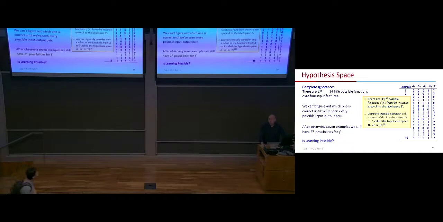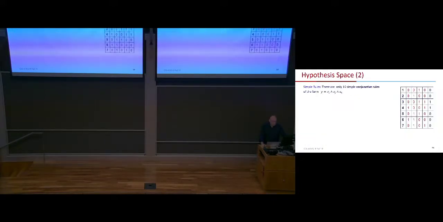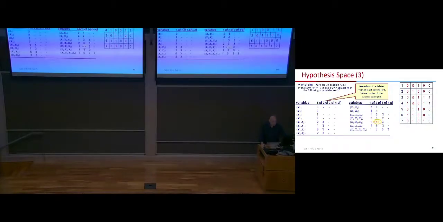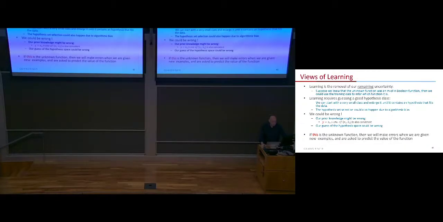You always make choices. Some of these choices are explicit, and some of them are implicit in the way the algorithm learns. It cannot learn everything. It is biased toward specific spaces. Okay, so this was just a reminder of what we've done.